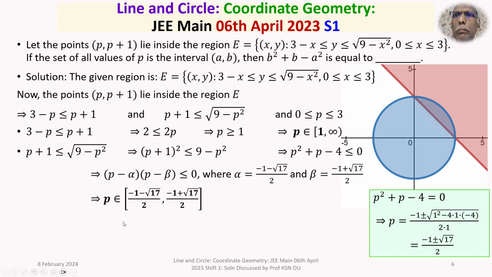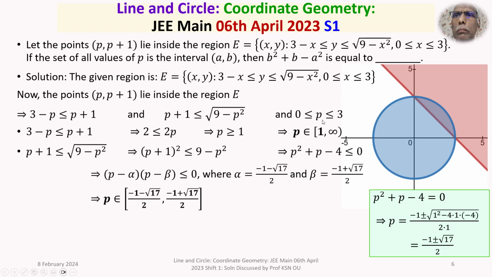Right. So p will be in this closed interval, and from the earlier, p belongs to the semi-closed interval 1 to infinity, and 0 less than or equal to p less than or equal to 3, and that will be the closed interval 0 to 3.